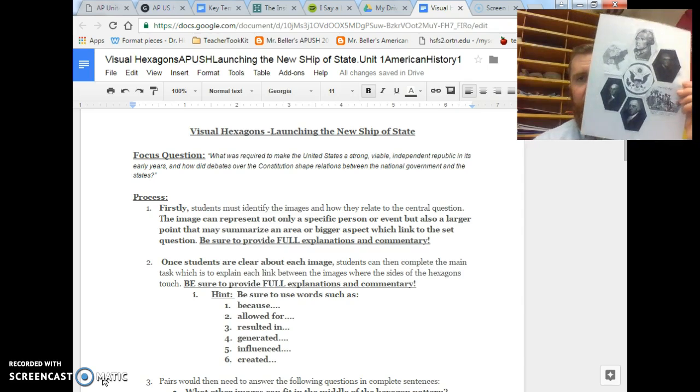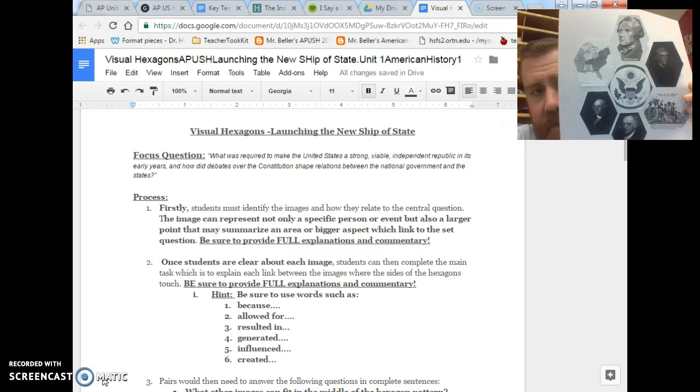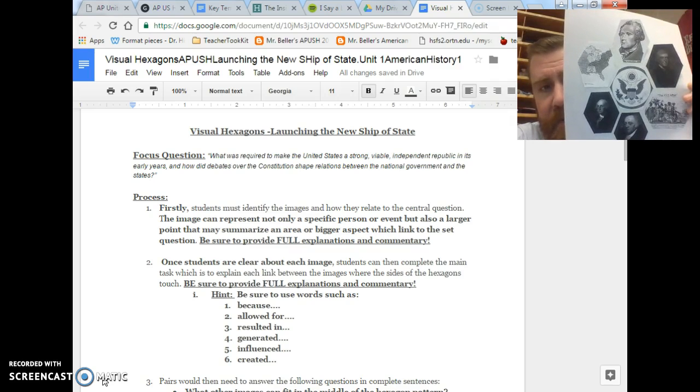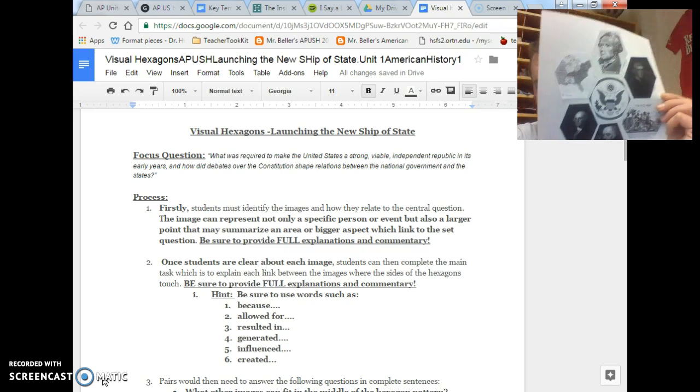All right, so for these visual hexagons, I'm looking at the instructions. The first step: you must identify the images and how they relate to the central question. Something important here is that an image can represent not only a specific person or event, but also a larger point that may summarize an area or bigger aspect linked to this central question.